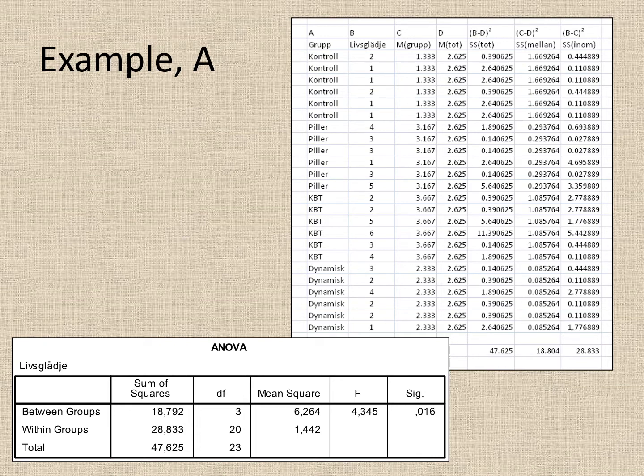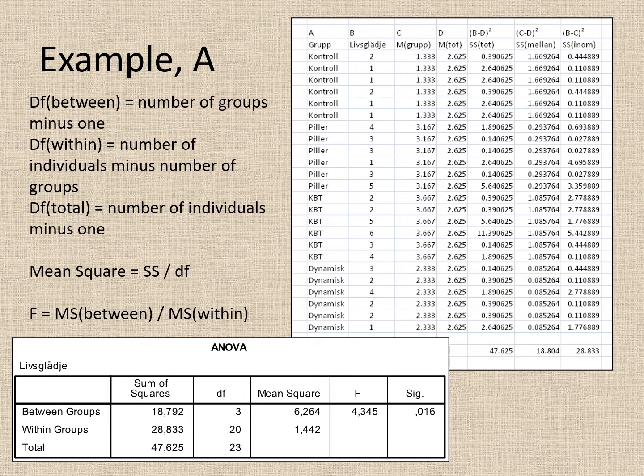Okay, we have degrees of freedom. We have 3 degrees of freedom between groups, and we have 20 degrees of freedom within groups, and 23 totally. So how do we get these degrees of freedom? Well, with these formulas here. Between groups is number of groups minus 1.